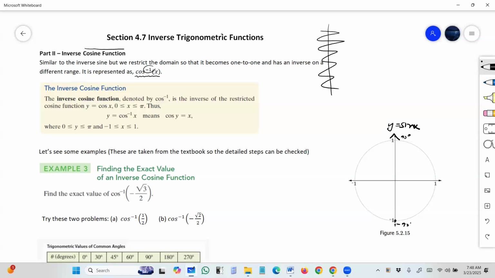So to restrict the domain on the cosine, we will go from 0 degrees to pi, or 180 degrees. The cosine function is the x-axis, and we are going from 0 degrees all the way to 180 degrees. So the inverse cosine only exists here.